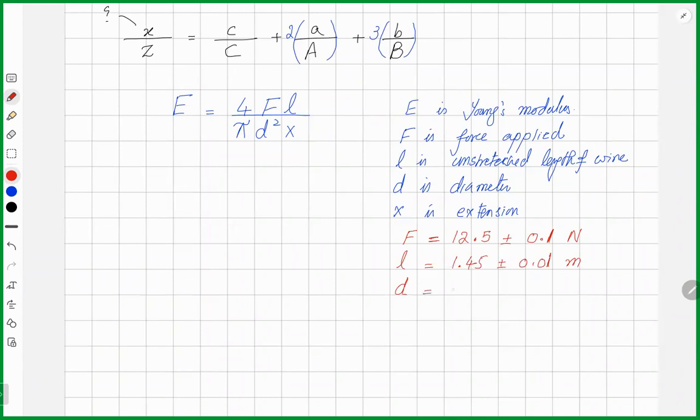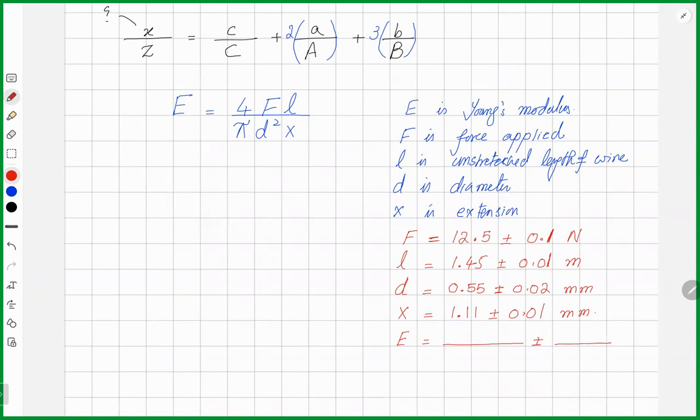Diameter of the wire is 0.55 plus minus 0.02 millimeter. Extension produced is 1.11 plus minus 0.01 millimeter. We have to calculate E and its uncertainty.